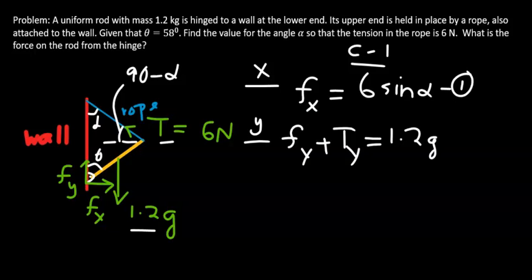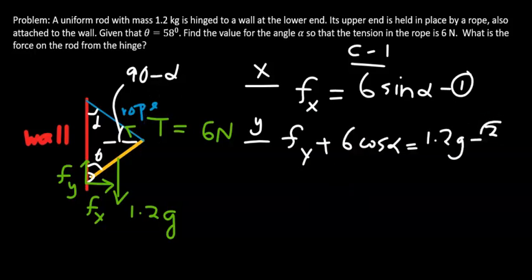We don't know what Fy is, but T sub y, or the y component of the tension, is 6 times cosine of this angle, which is alpha, so it's 6 cosine alpha. And that is equation 2.